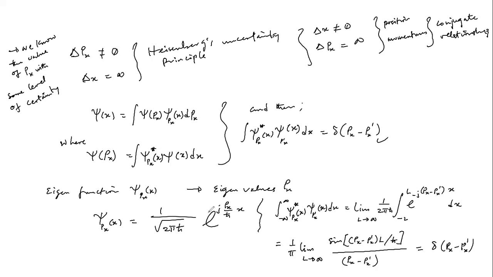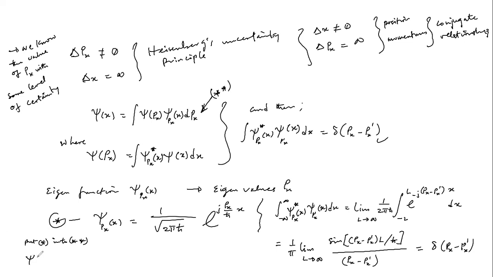And by substitution, that is, if we take this for instance and then plug it into this expression, it is seen that an arbitrary state function may be expanded as a superposition of the de Broglie waves.